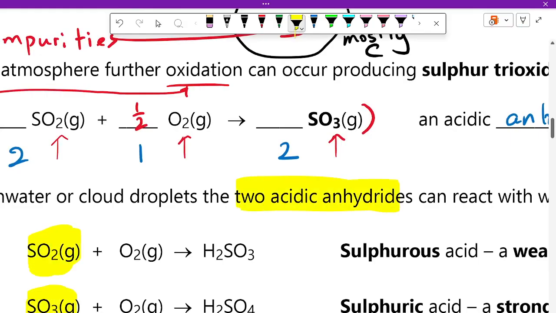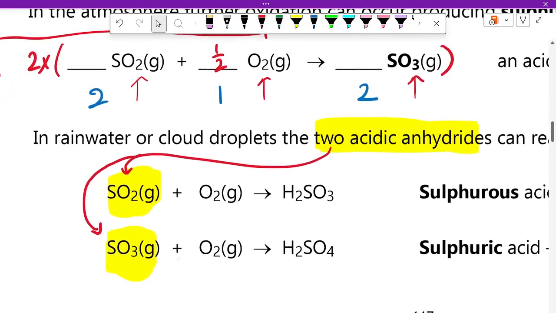Those are our 2 acidic anhydrides, there and there. And they do not react with oxygen. Nope, they do not. What do they react with? They react with water.